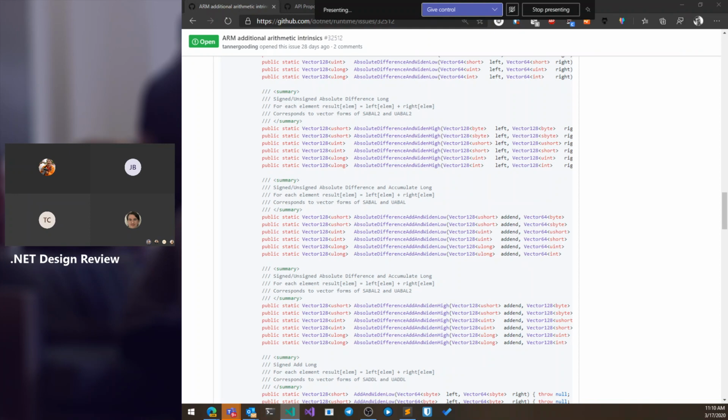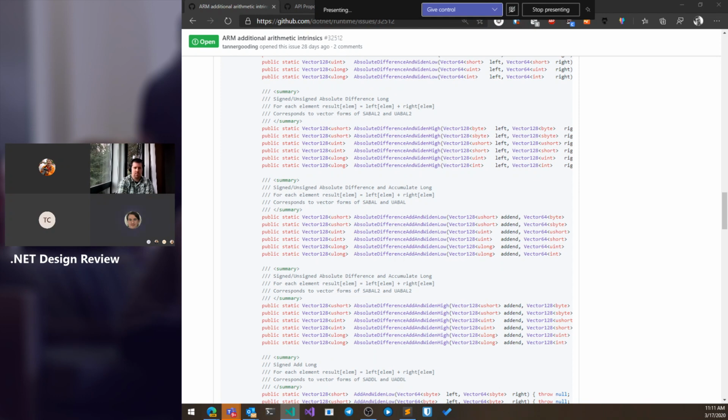Is there a non-widening version of these APIs, or are there only widening versions? Yes, I believe there's non-widening, and I believe we already reviewed them. Okay, great. All right, then the next one is absolute difference widening upper and add.